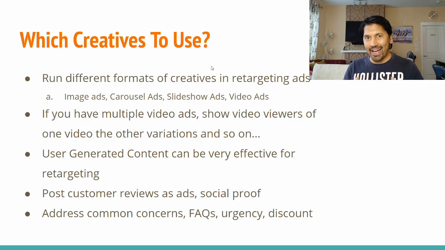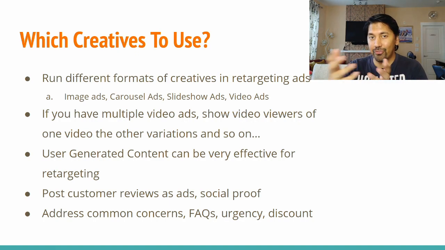Now, what kind of creatives should you be using? So in retargeting campaigns, the key thing is that you should try to run as many different types of formats as possible, right? Typically in the cold traffic, they have seen one particular ad and responded to it. Ideally, you want to show them a different kind of format the next time that they come across your brand or your ad on Facebook when you retarget them.